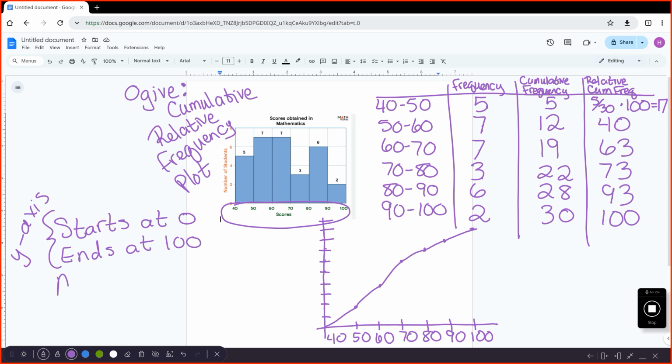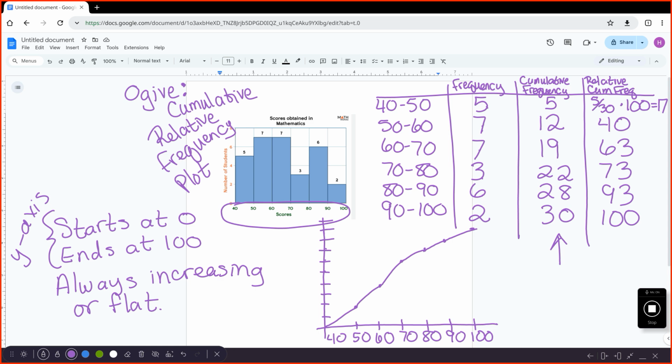And it's always increasing, or flat. It can never go down because it's cumulative frequency, right? So the numbers in this column, they could stay flat if you don't have any scores. Like if you have a gap in your data, it could stay flat, but it can never decrease because you're always adding in everything that came before it, so it can never get smaller.